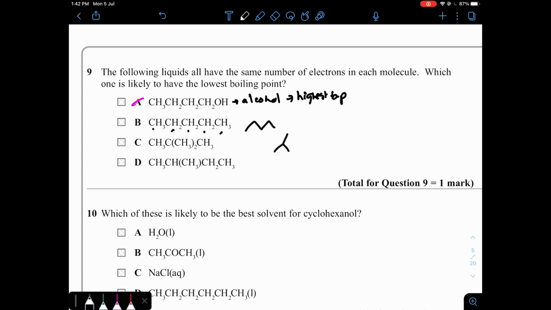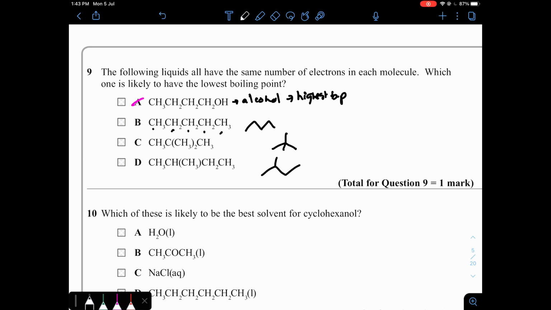Let's see if I've done this correctly. We have 1 carbon going this way, then another carbon, 2, and then this one is 1, 2, 3, and another one there, and 3, 4. So these are the 4 compounds, right?